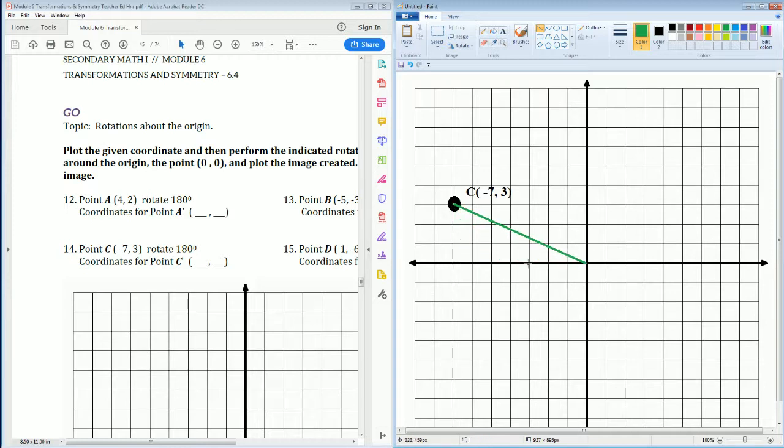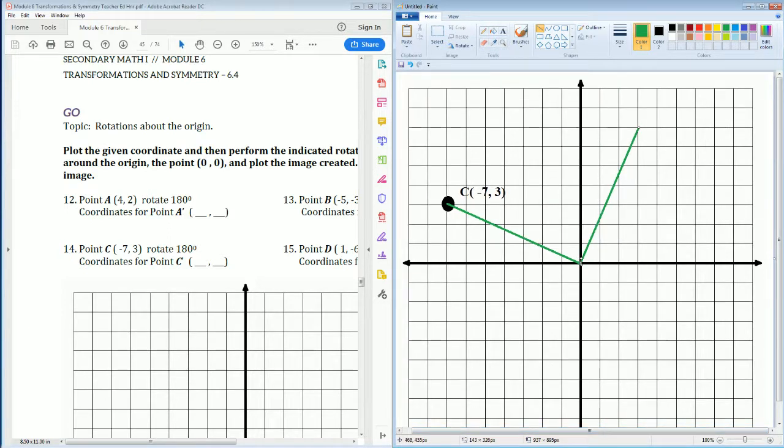All right, so again, I'm going to apply that rule. It was down 7 across 3, so up 7, 1, 2, 3, 4, 5, 6, 7, across 3, 1, 2, 3. This is true if it was a 90-degree rotation and we were going clockwise. So again, repeat this again. So it was up 7, across 3, then down 3.